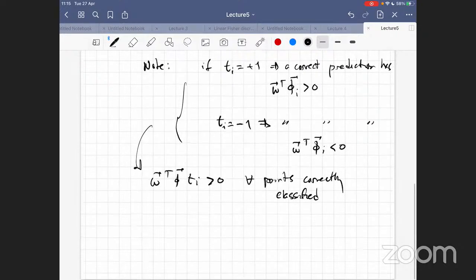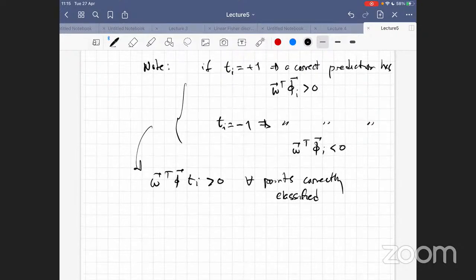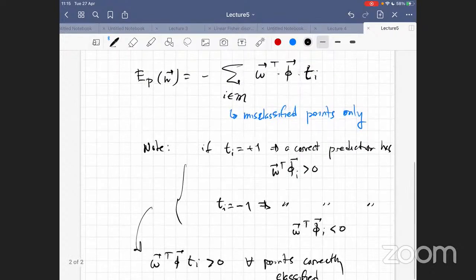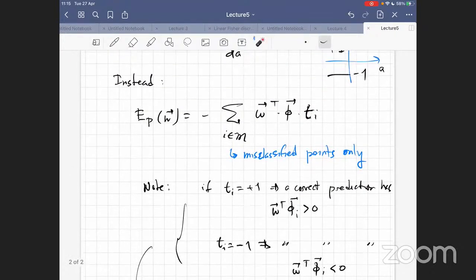Which means that misclassified points have this smaller than 0, and then each of these terms are negative.